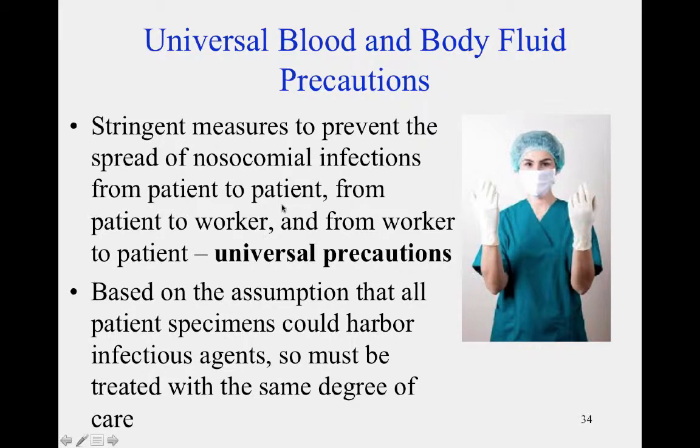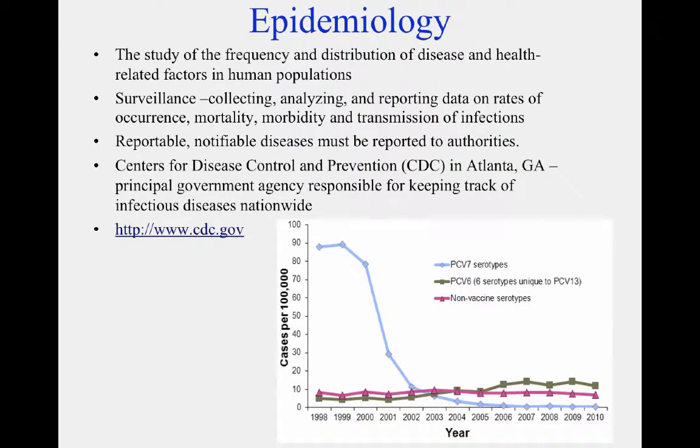So this is from patient to patient, from patient to medical healthcare worker, and also from worker and doctor to patient. And this is based on operating on the assumption that all patient specimens could harbor infectious agents, so you have to treat them with the utmost care.